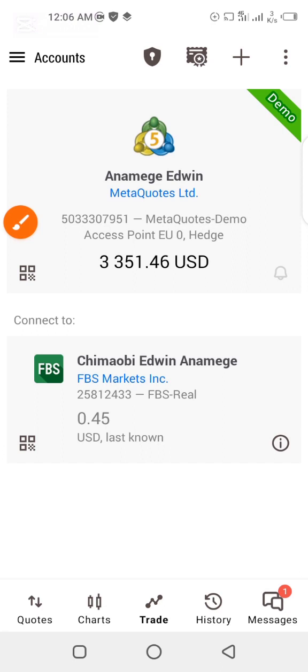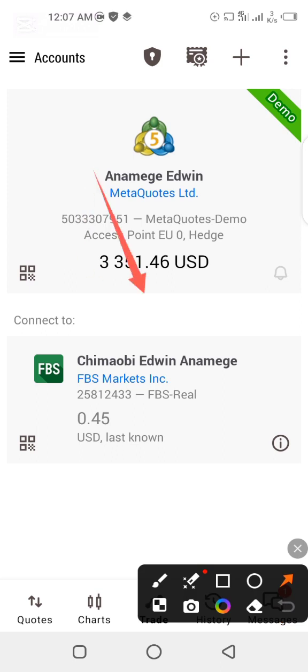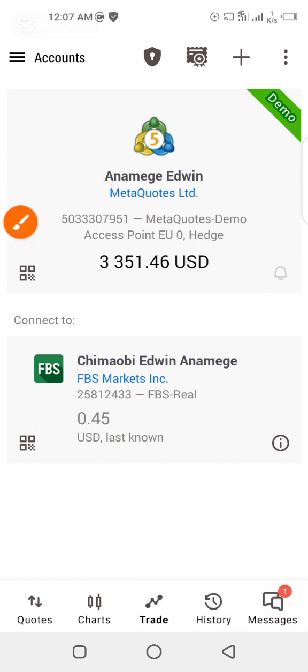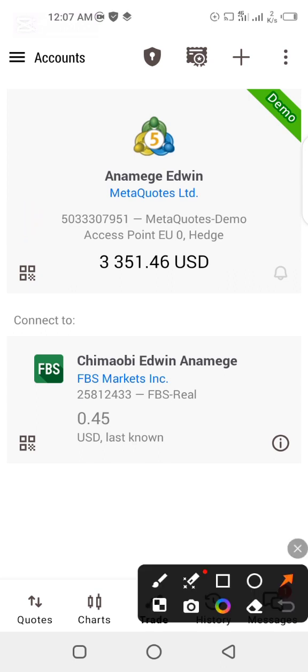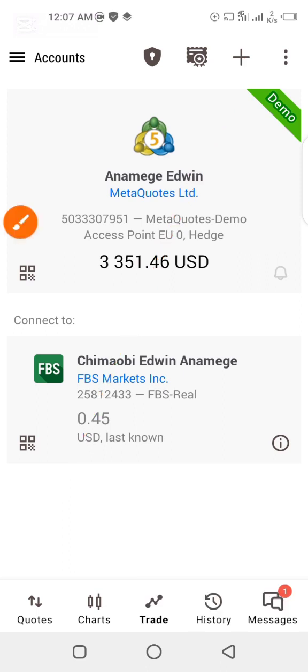You can see this one is demo, this is my ABS account. Once you click on manage account, you can click over to this plus icon.